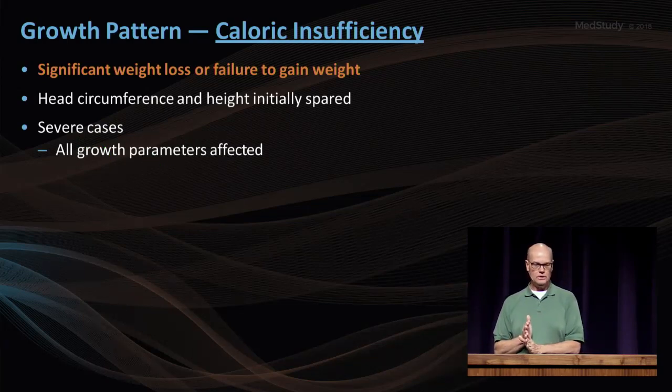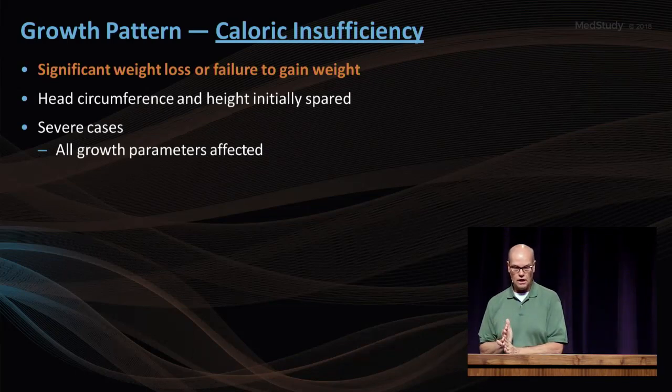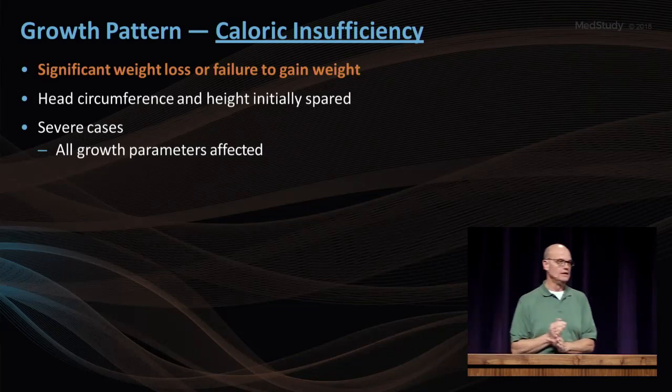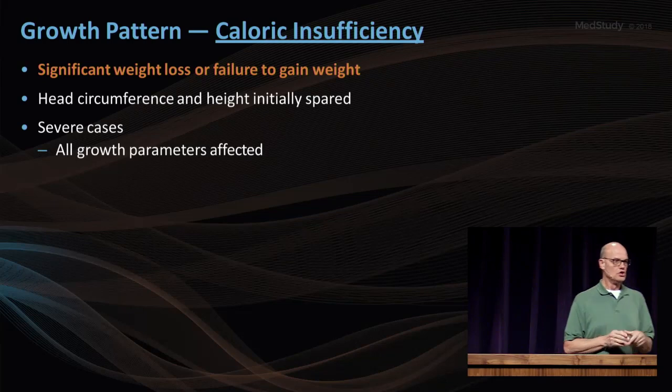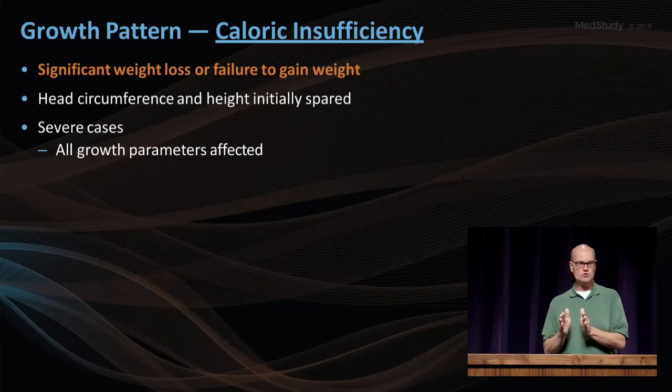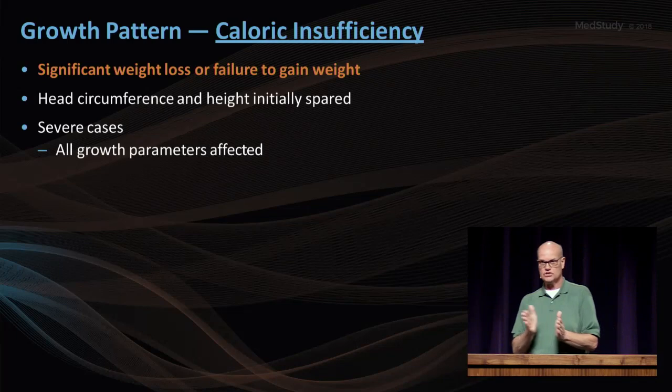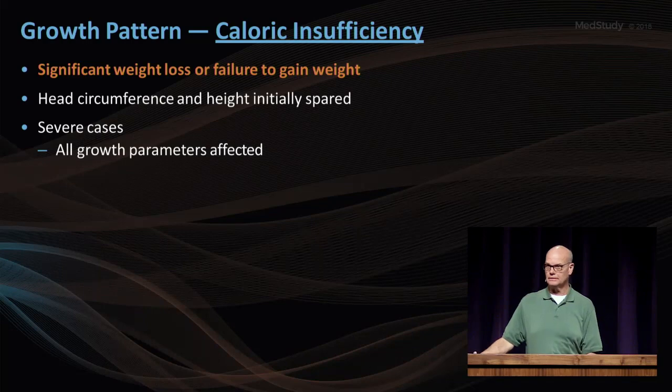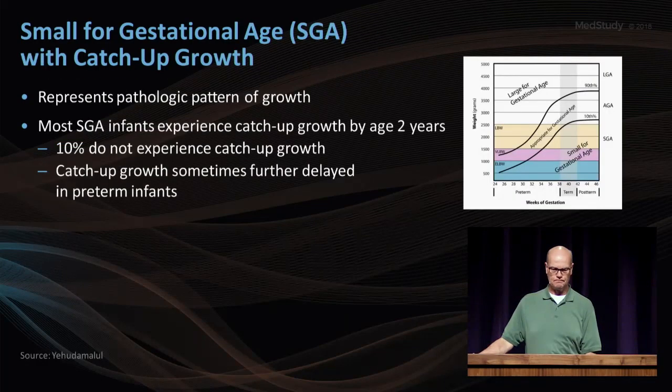But in general, it's either significant weight loss or failure to gain weight with caloric insufficiency. So just by looking at when the particular weight loss occurs can help you sort through a prenatal, postnatal, or caloric insufficiency cause of the weight concerns that are talked about and illustrated in your vignettes.